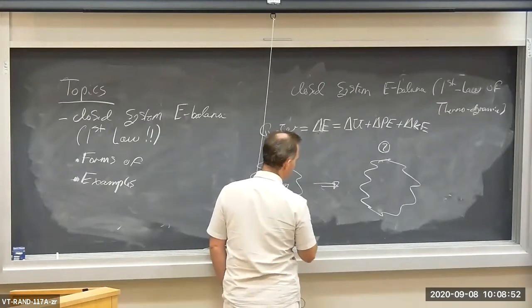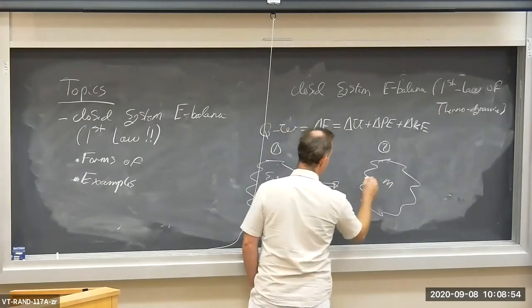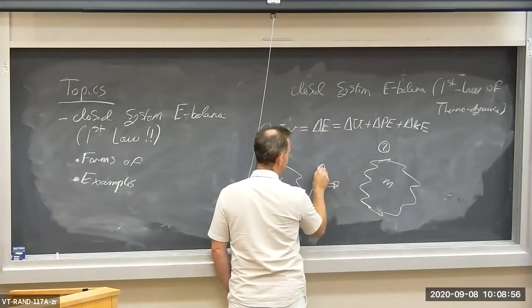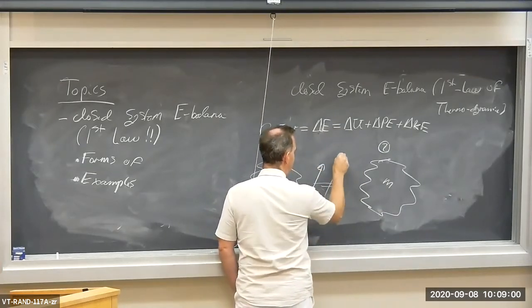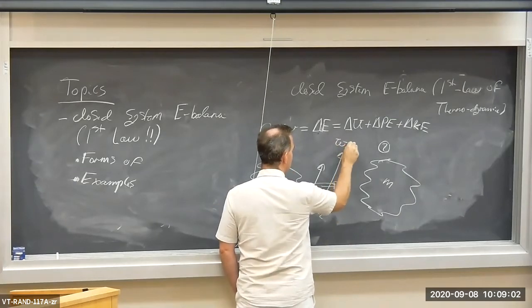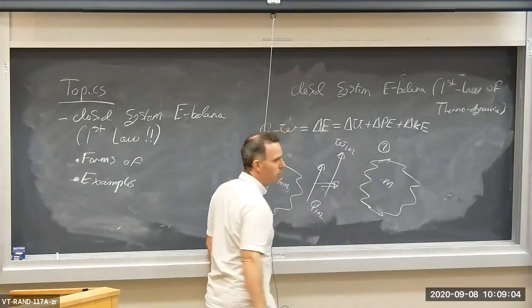So this system with a certain amount of mass is subject to some kind of heat addition, Q1 to 2, and perhaps does some work, W1 to 2, over the process.